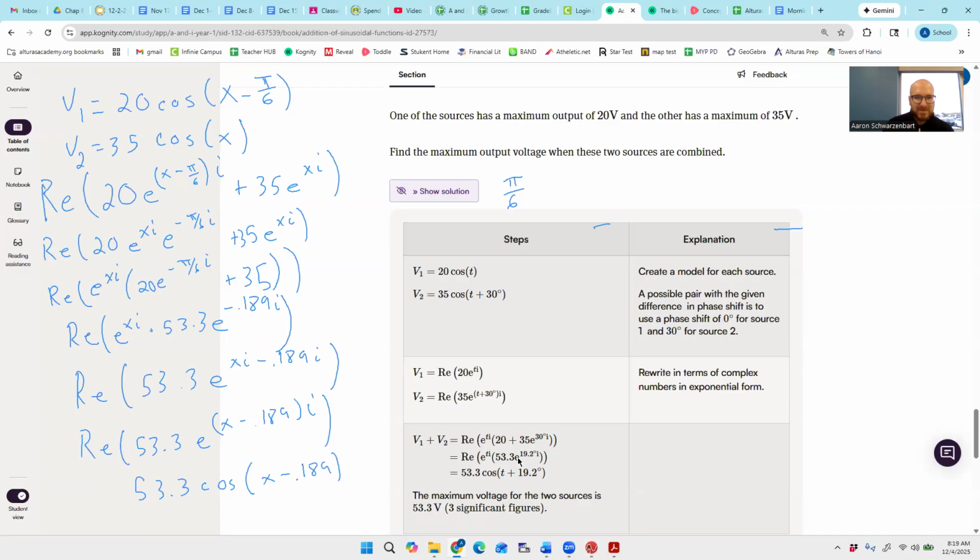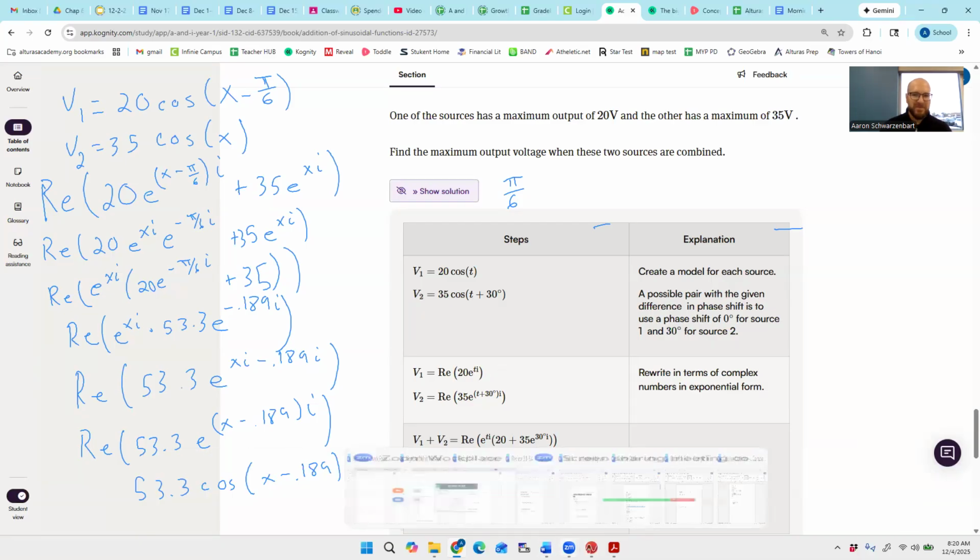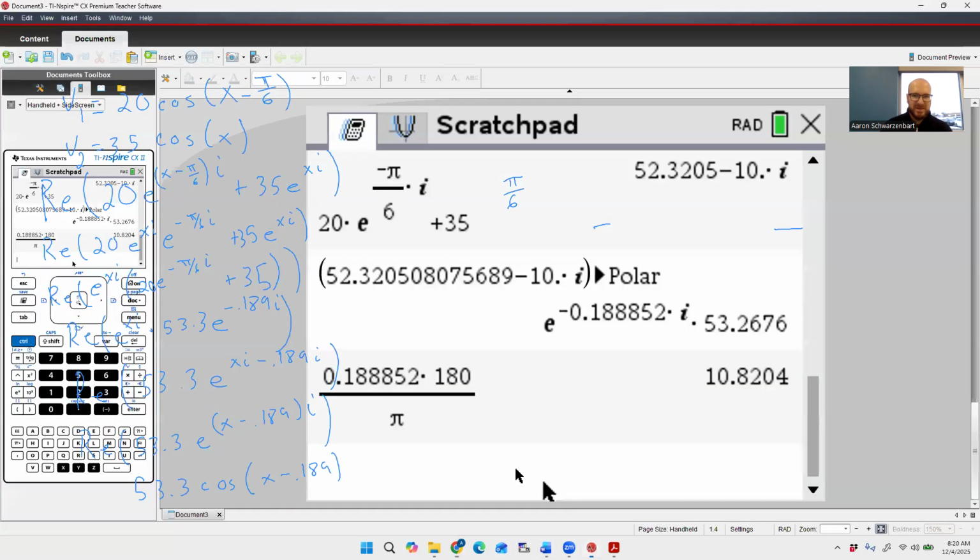Theirs is in degrees and ours is in radians, I think. Well, I could just convert it. I suppose it might matter which one I put the pi over 6 on. Did they put it on a different one than us? Yes, they did. We got the same voltage, and that's all we need to find.